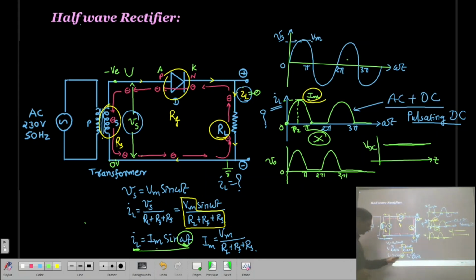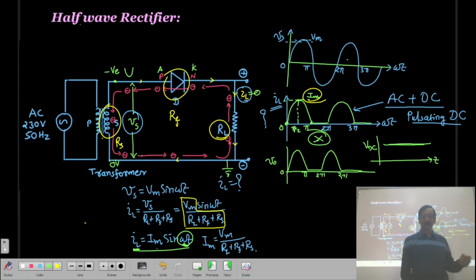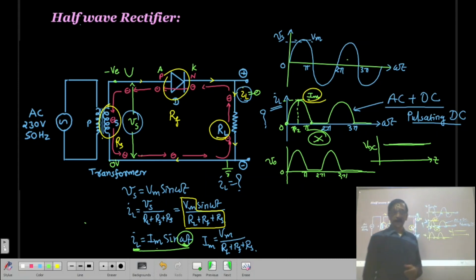It means whatever expression I have mentioned is not a correct one. I have to modify this expression. So this expression is valid only for omega t between 0 and pi.